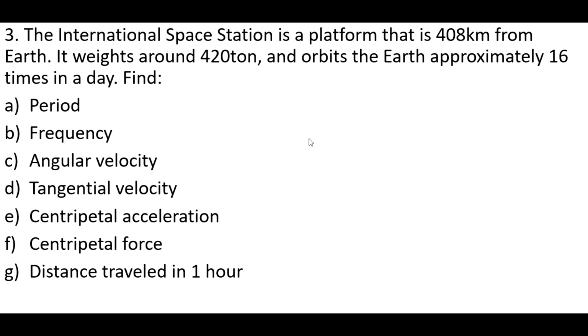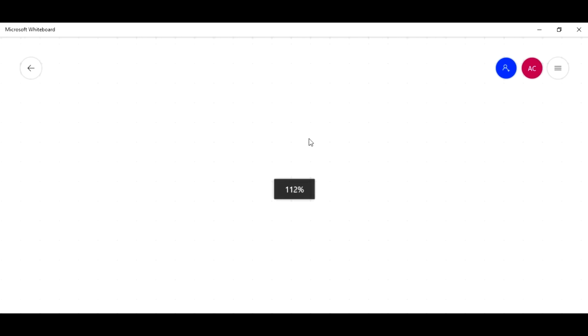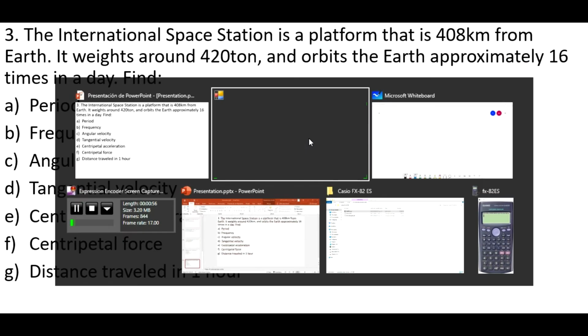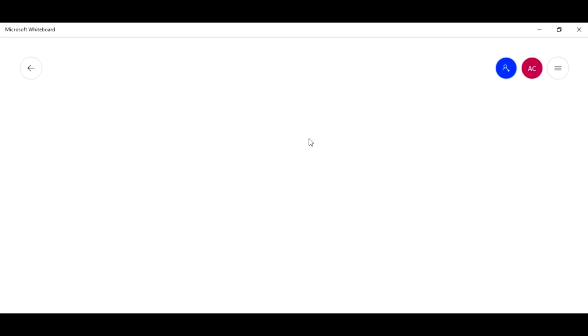Okay, so let's go to this screen over here, and before I start with the problem, I'm going to make the proper drawing about it. I can make two drawings. For example, this is the Earth and there is a distance between the Earth and the International Space Station.